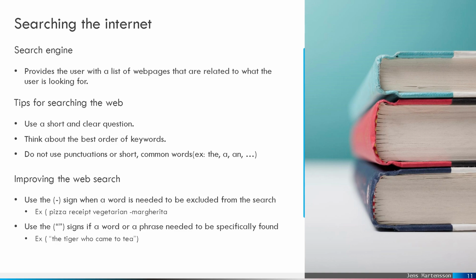When we are trying to search on the internet, we need to keep in mind some small tips, such as we need to use a short and clear question. Also, we need to think about the best order of the keywords that we are going to insert for the search.